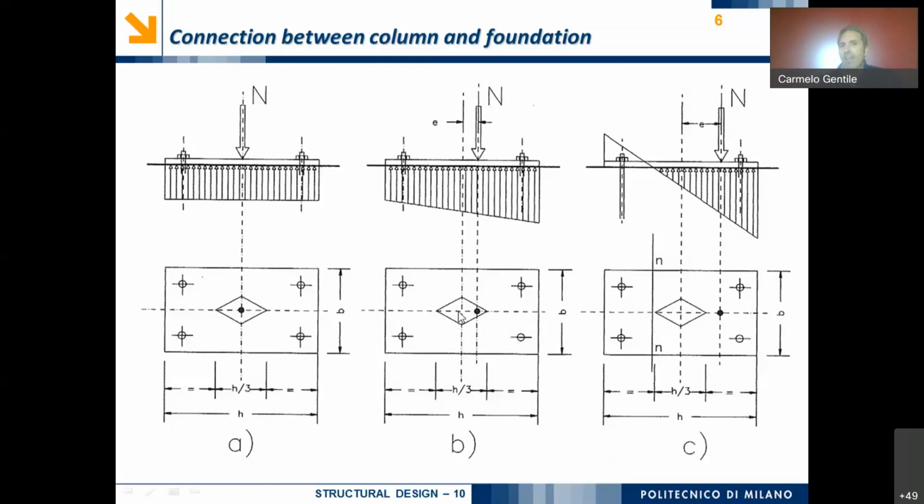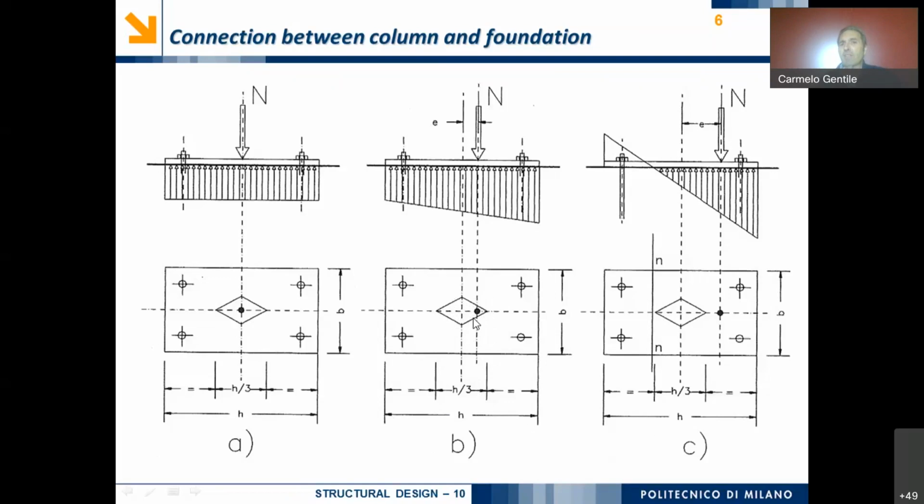So if it exceeds this distance, and this distance is equal to the overall height h/6, if we look at this dimension, this dimension will be equal to h/3.